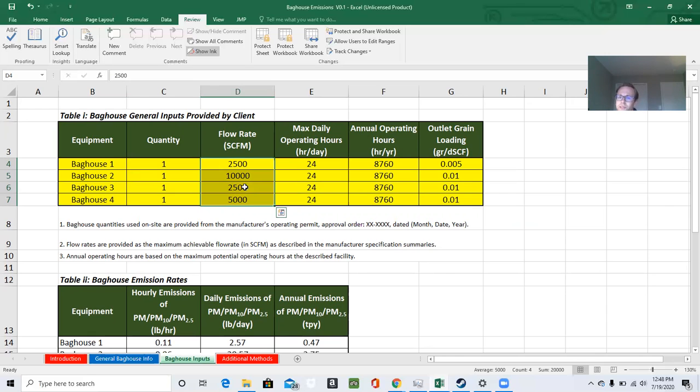Or the alternative measure is to provide an outlet grain loading rate, which is effectively a guaranteed emission standard or emission rate that you have agreed as an engineer, saying this baghouse will never emit more than this grain loading. Typically, that grain loading rate is 0.005 or 0.01 grains per dry standard cubic foot. So that is the standard.